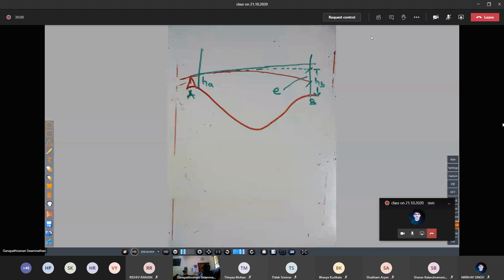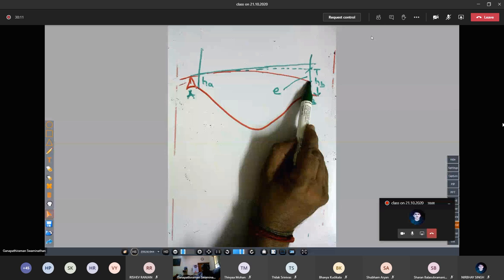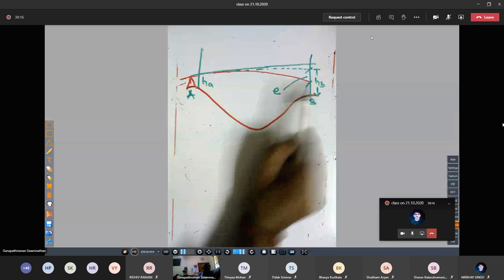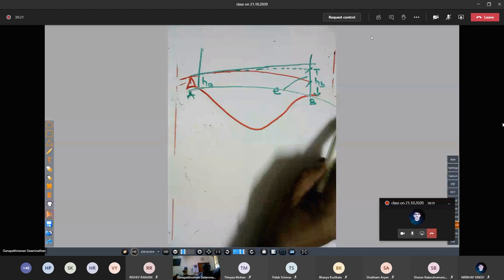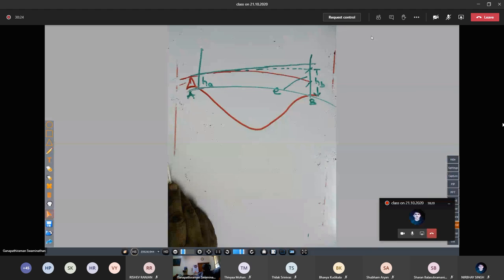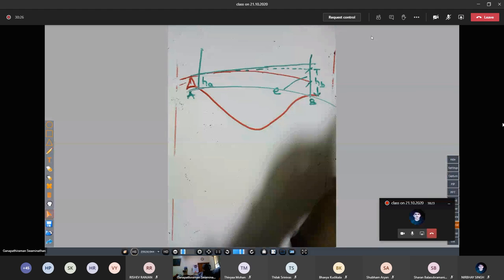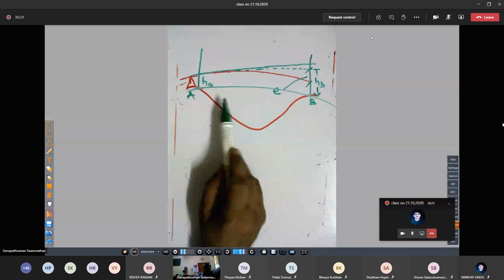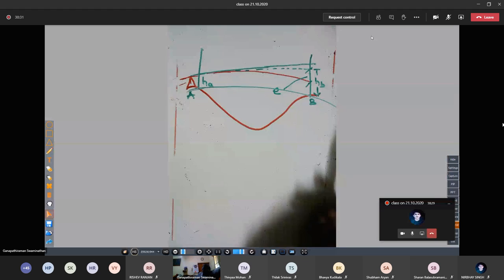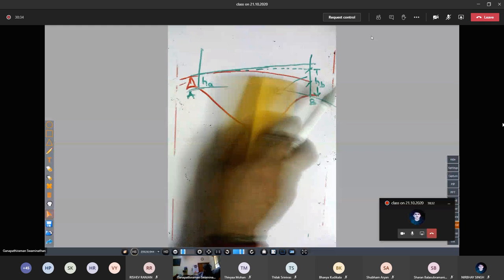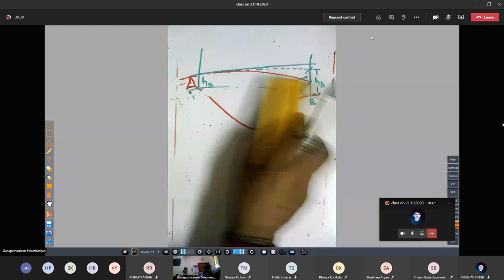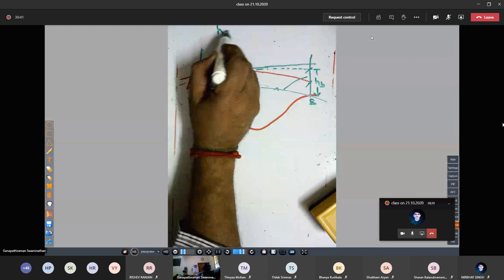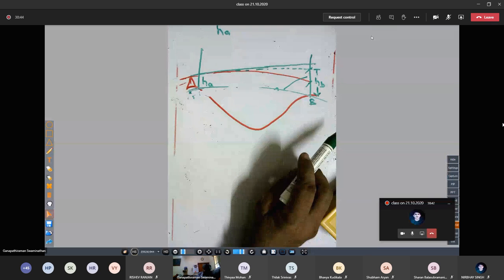You are supposed to read over here, but you are reading over here. The true difference in elevation is the level line passing through A and B. I think I'm confusing you, but I will not draw this line. So you got HA. What should have been the correct reading?